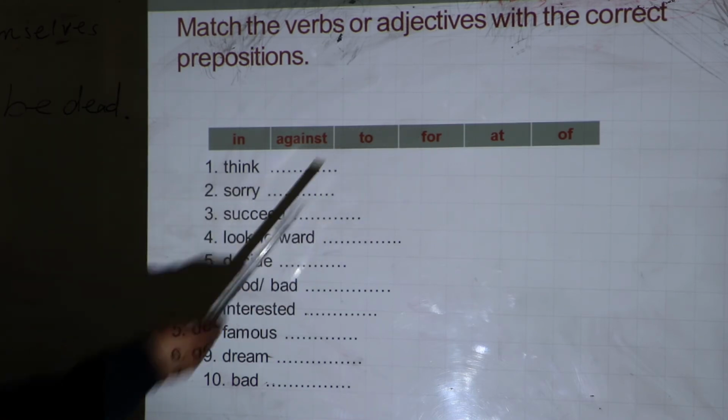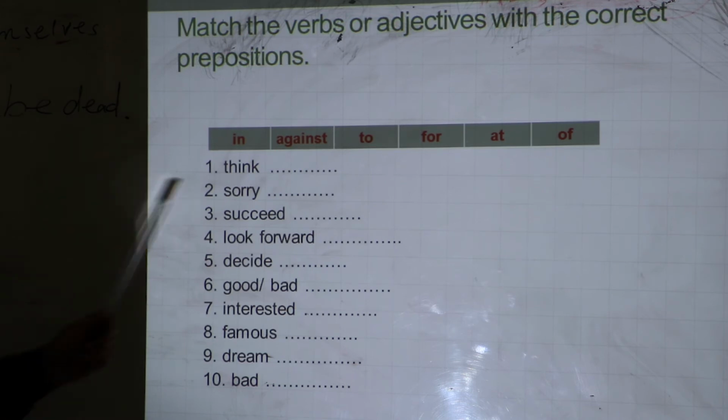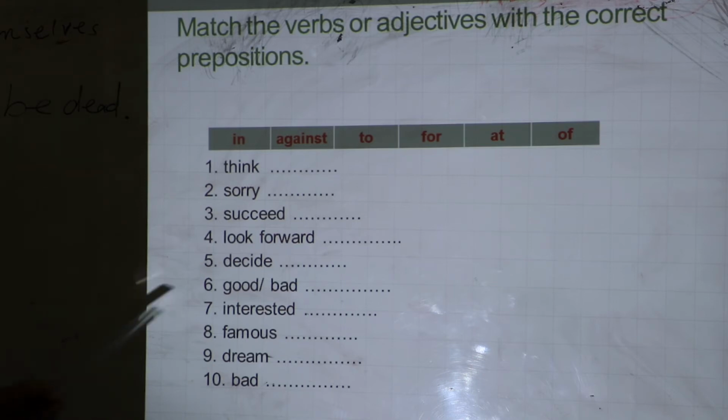Sorry for, succeed in, look forward to, decide against, good at or bad at, interested in, famous for, dream of, bad at, right? Now, if you are going to check your answers.